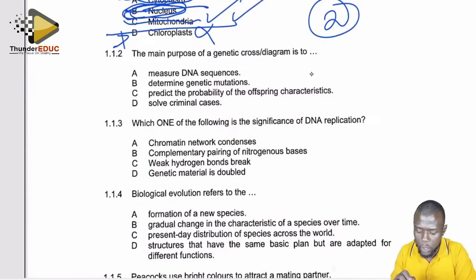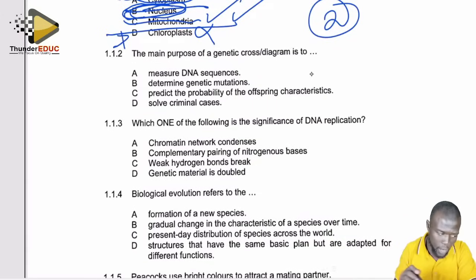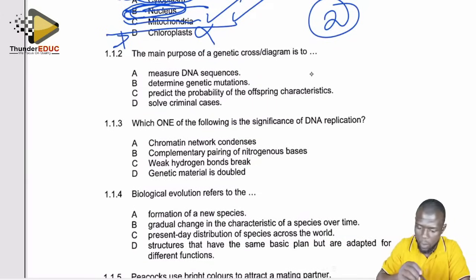We go to question 1.2. The main purpose of the genetic cross in the genetic cross diagram is to measure the DNA sequence, not really; determine the genetic mutation, not really; predict the possibility of the offspring's characteristics; and solve the crime.